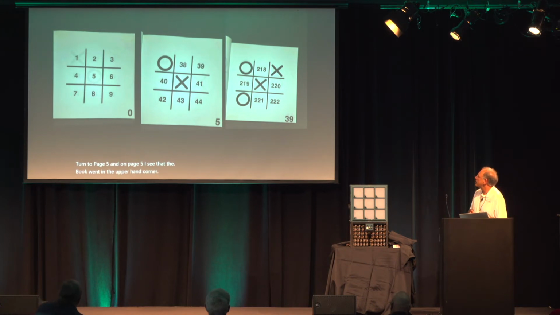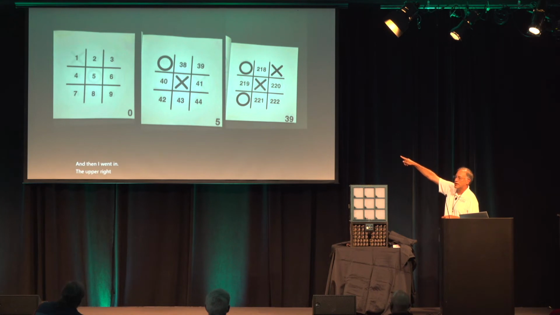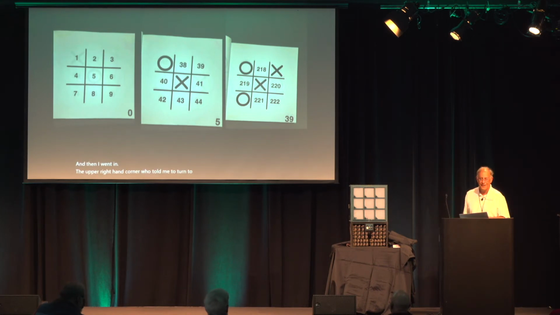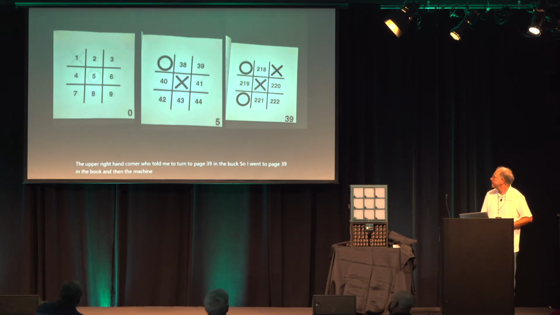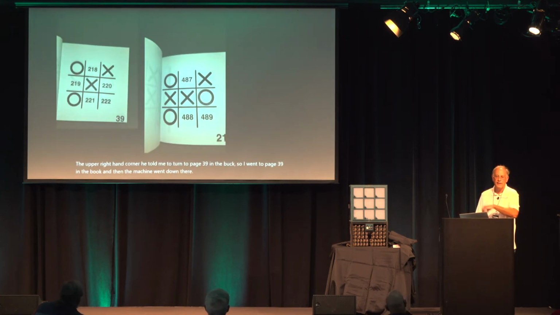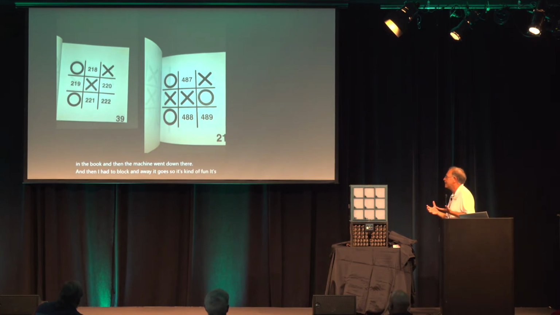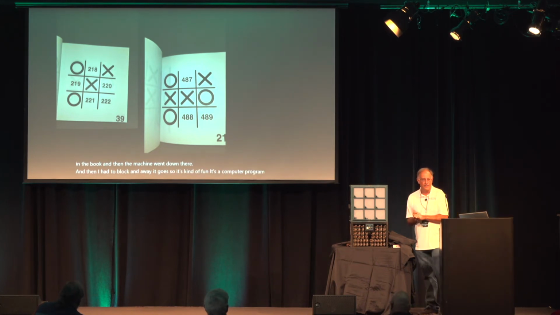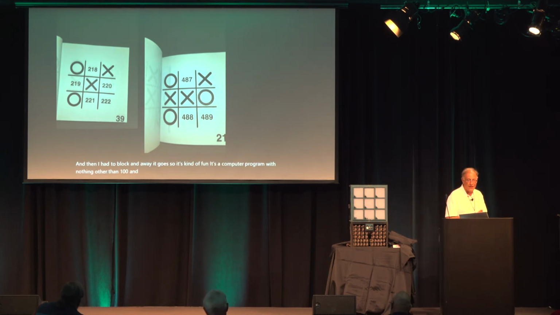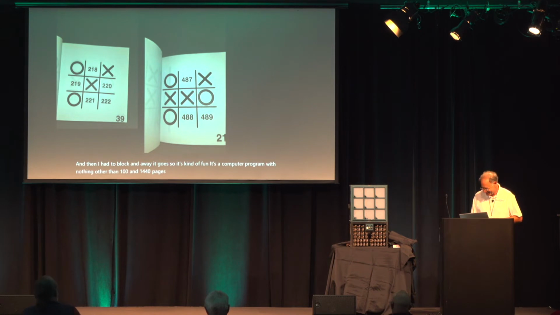And then I went in the upper right-hand corner, which told me to turn to page 39 of the book. So I went to page 39 of the book, and then the machine went down there. And then I had to block, and away it goes. So it's kind of fun. It's a computer program with nothing other than 1,440 pages of go-to statements.